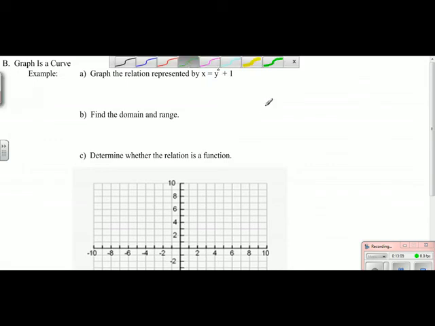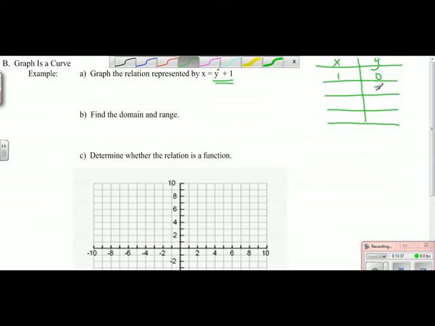So we are going to use the tried and true Algebra 1 method of a table. And in this case, because this y is squared over here, it's easier to find y values first and then get the resulting x. So if I let y be 0, 0 squared plus 1, that makes this 1.